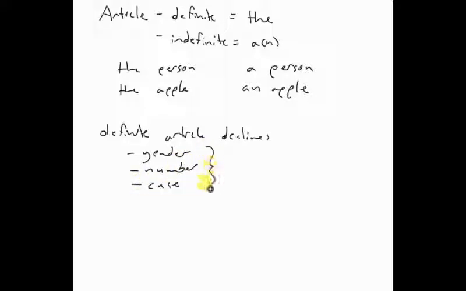Just like a noun. So nouns and definite articles decline in the same way, so we're going to put them together in this declension video. So you're going to get to see both declined definite articles and a declined noun.